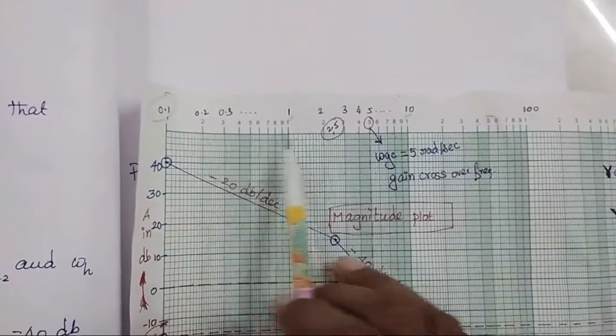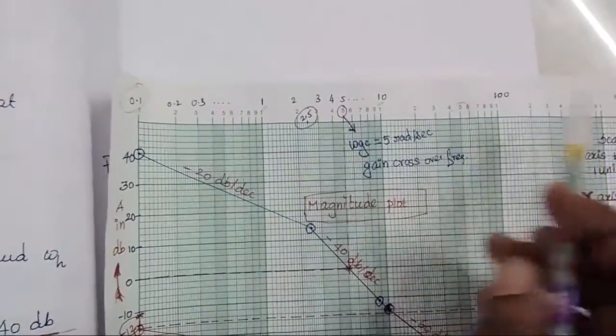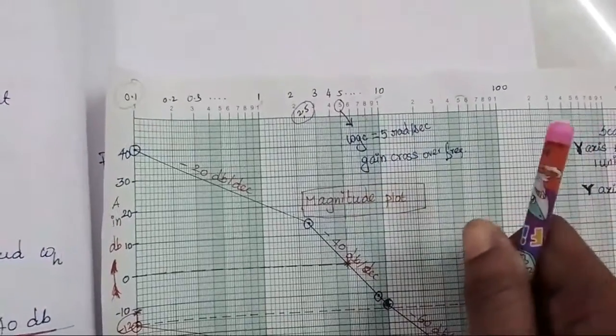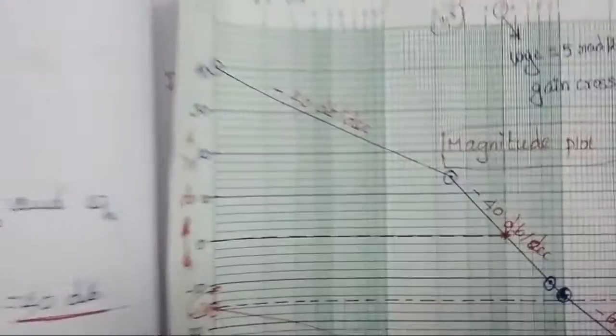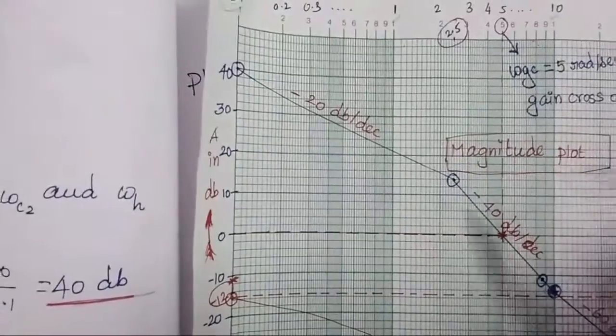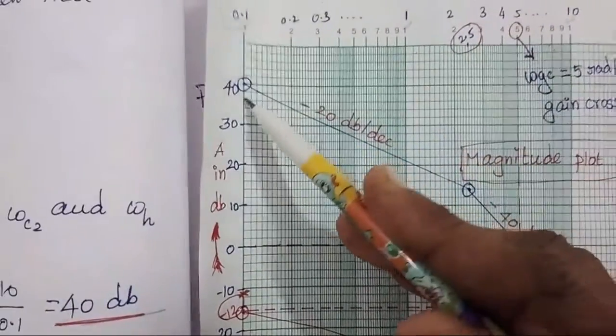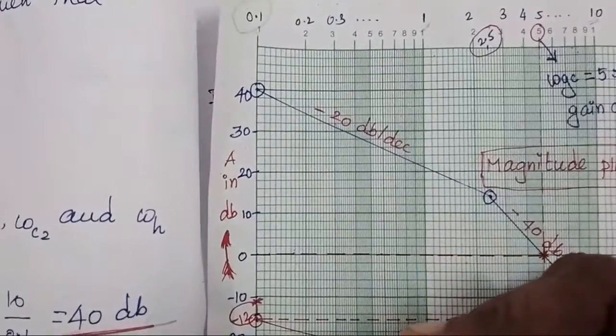So these x-axis values are the same throughout the magnitude as well as the phase plot. And for gain, we need both positive values and negative values.